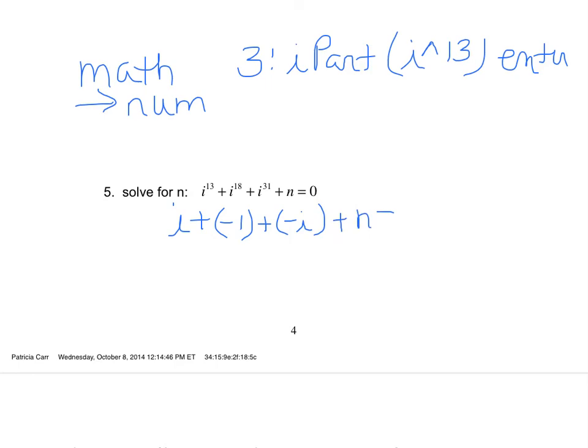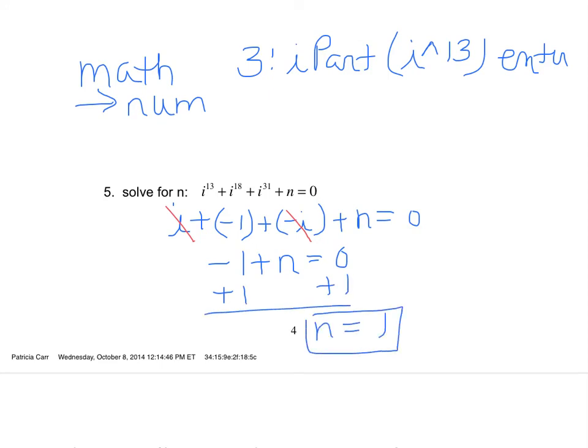Plus n equals 0. Okay, let's see if we can combine any like terms. Oh, we have an i plus a negative i. Well, an i plus a negative i cancel each other out. So all we really have is negative 1 plus n equals 0. To solve for n, I'm going to add 1 to both sides. n equals 1. And there's my answer.